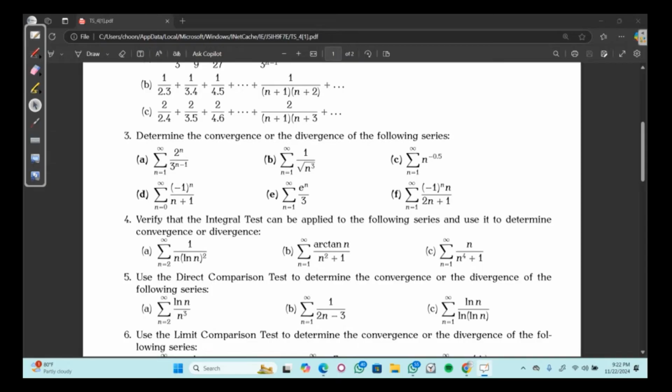Okay. So question 5, use the direct comparison test to determine the convergence or divergence of the following series. So the idea of the direct comparison test is pretty simple.